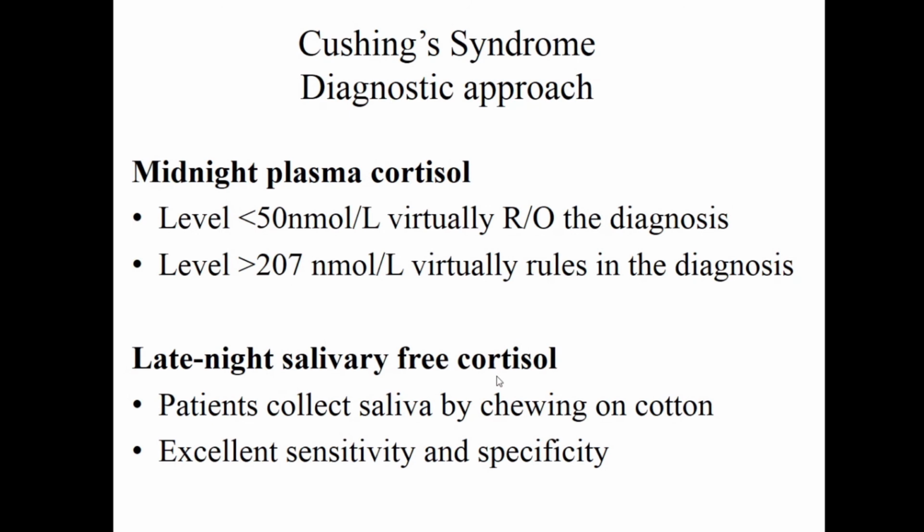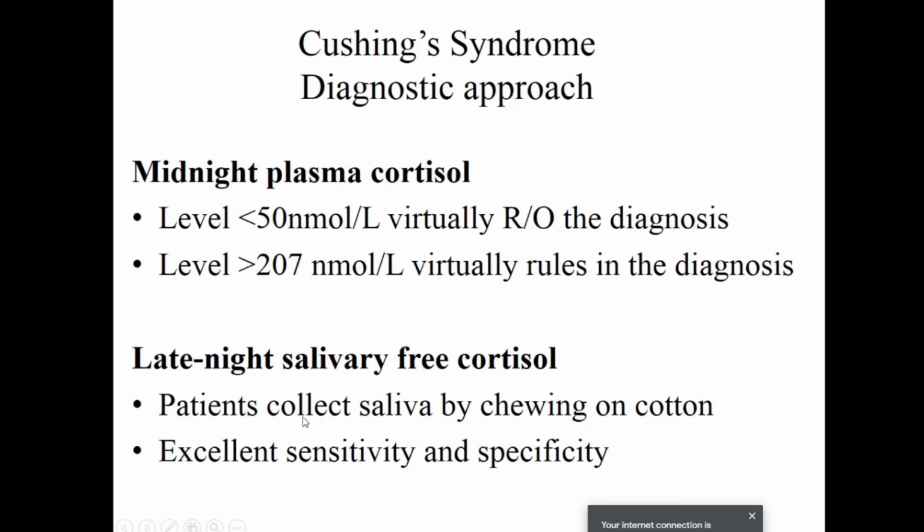If it is low, that means it is normal. If it is high, that is in favor of Cushing syndrome. The late night salivary free cortisol is usually not done because the morning sample is adequate and the urinary free cortisol is adequate for the diagnosis.